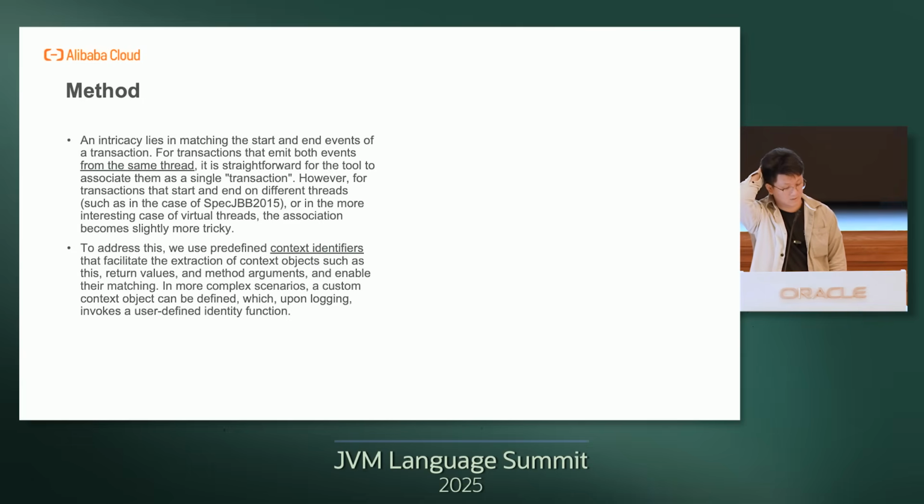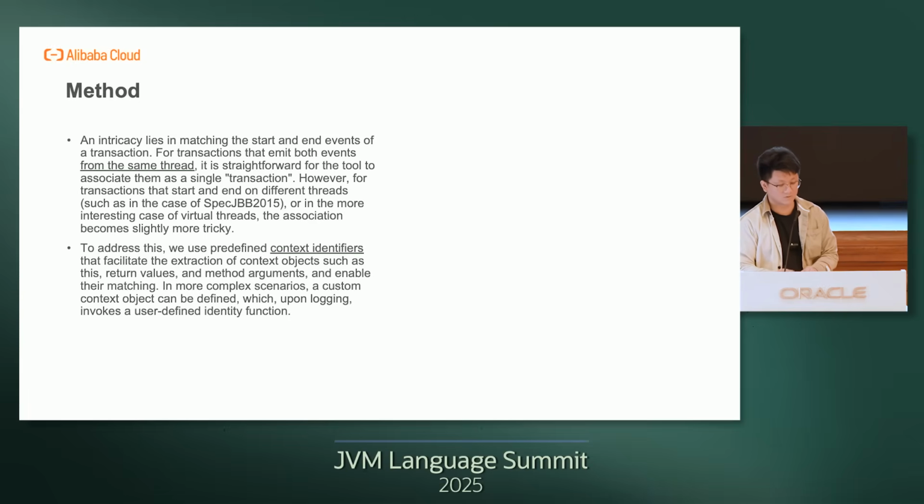An intricacy lies in matching the start and end events of a transaction. For transactions that emit both events from the same thread, it's simple. You just match the start and end using the same TID. But for transactions that happen in random places across different threads, it's very difficult to identify the connection between them.